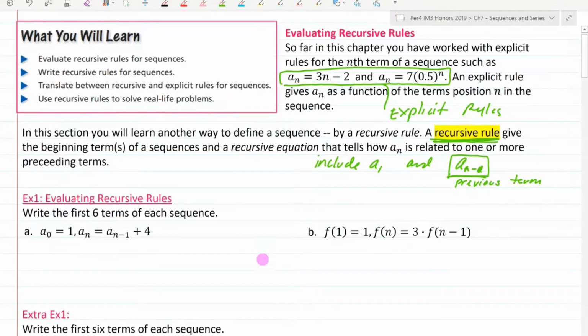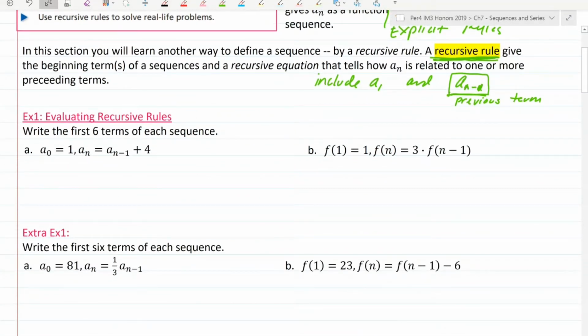All right, so for this problem, they tell you that the first term, they're actually giving you the 0 term, is 1. So that's the first term. This means I'm going to take the previous term and add 4. So if I have the first term, this is where I'm starting.